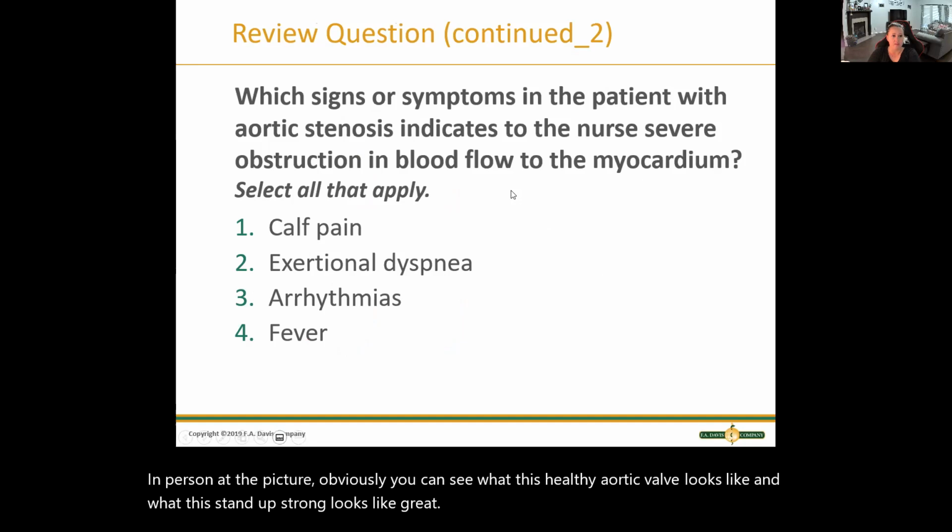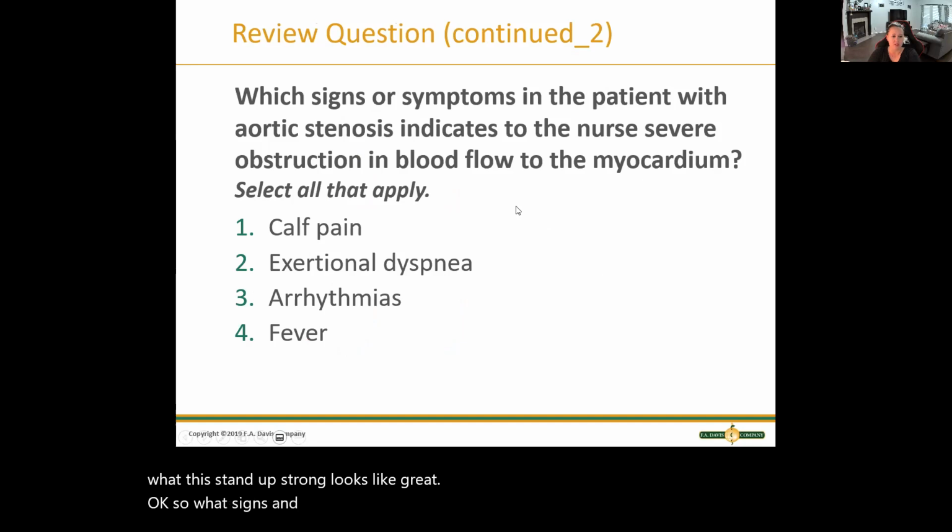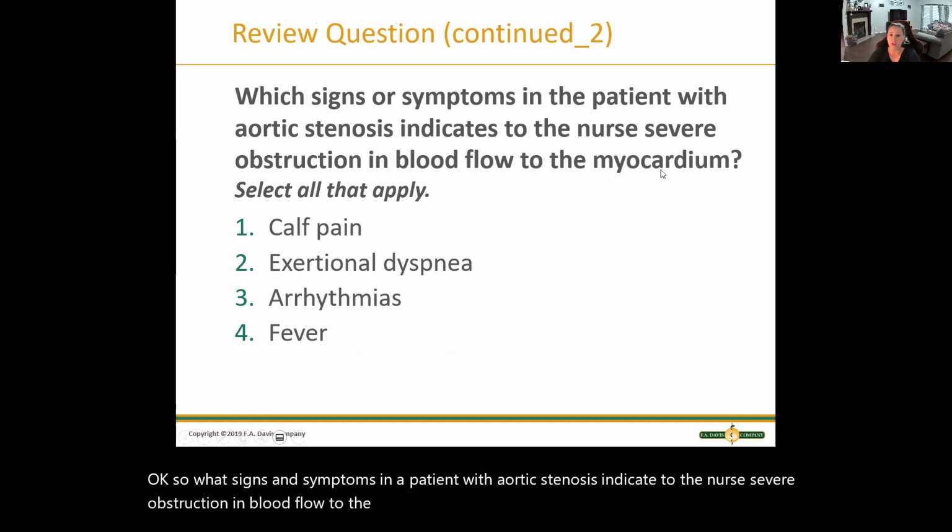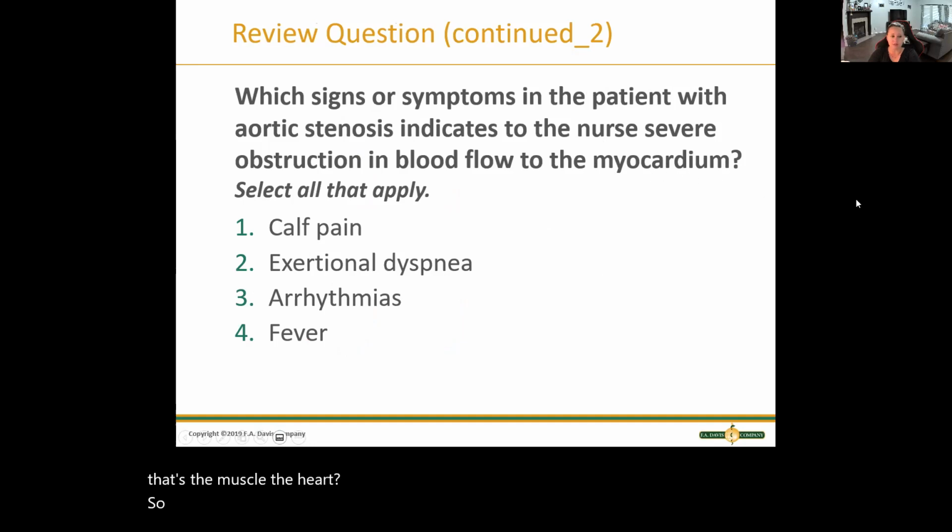Okay, so what signs and symptoms in a patient with aortic stenosis indicate to the nurse severe obstruction in blood flow to the myocardium? So what's myocardium? If you don't know that, that's the muscle of the heart. So what do you think? Okay. So the answer to this would be exertional dyspnea and arrhythmias, okay?